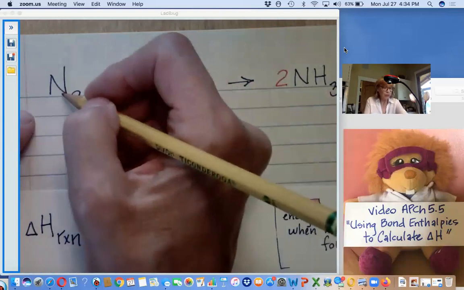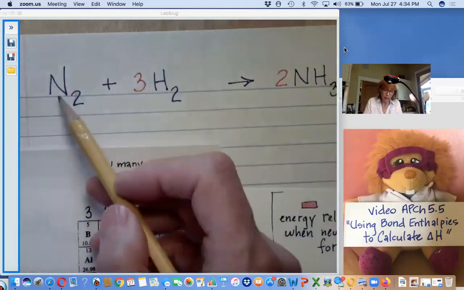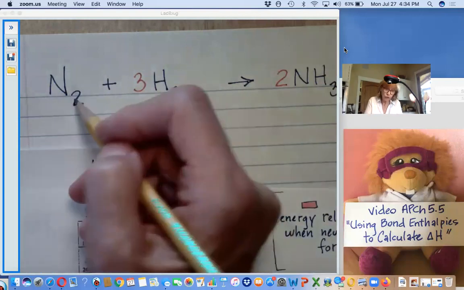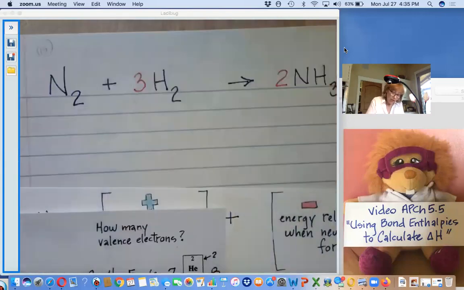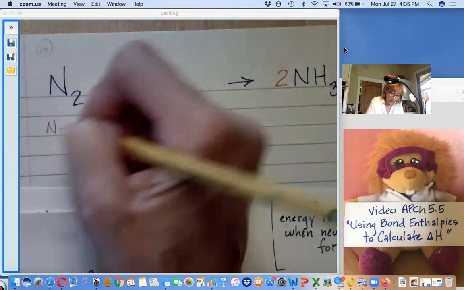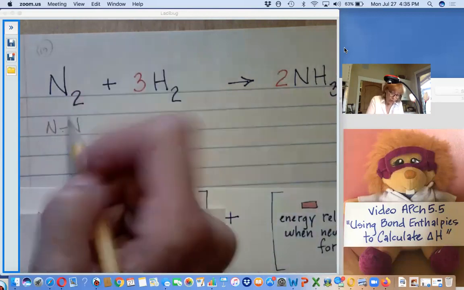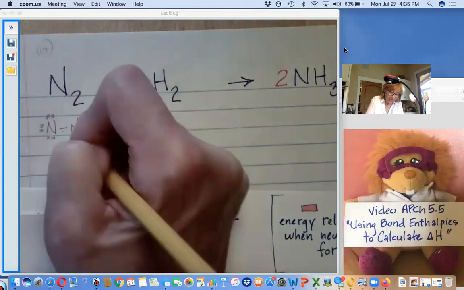So remember what we did in our Lewis structure video. We start by adding up all the valence electrons. Nitrogens have 5. There's 2 of them. So my target number here is 10. I draw my atoms together with a single bond that used 1, 2, 3, 4, 5, 6, 7, 8, 9, 10.